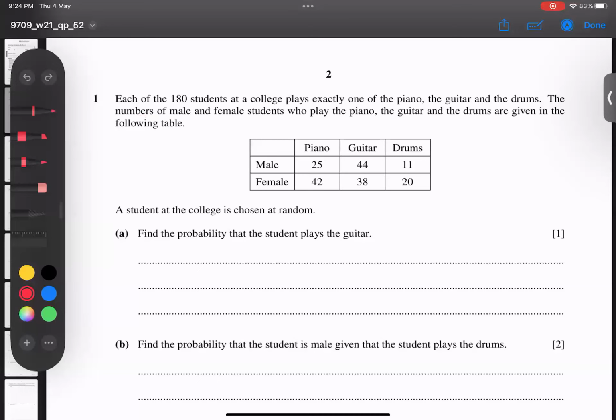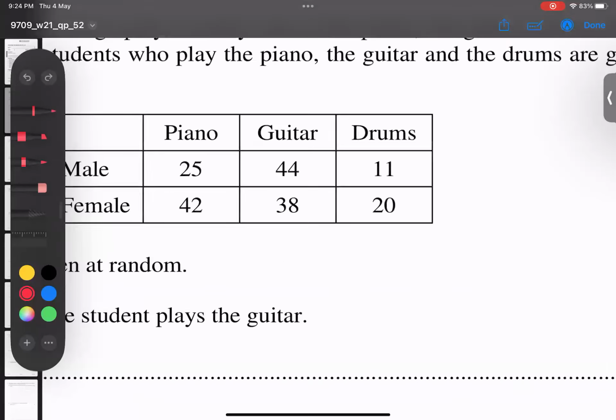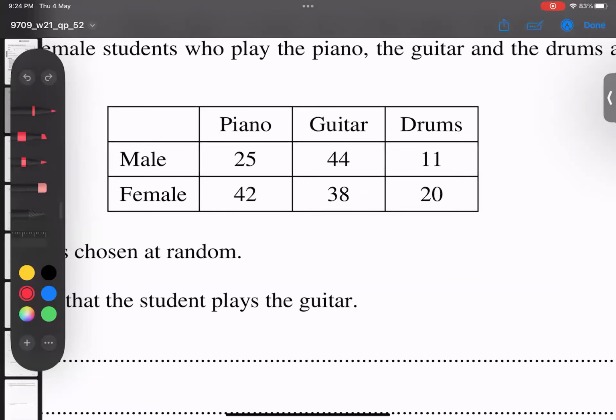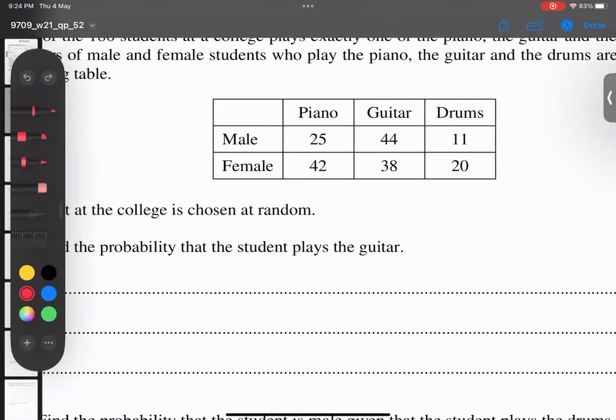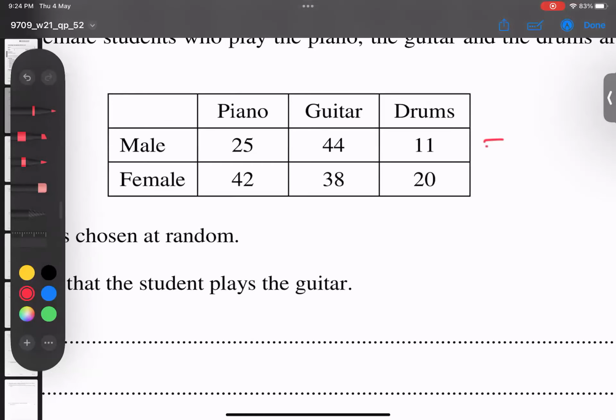So this kind of question, whenever it comes, the best idea is to add them all. Let's see, 25 plus 44 plus 11, I got 80, and 42 plus 38 plus 20, I got 100.